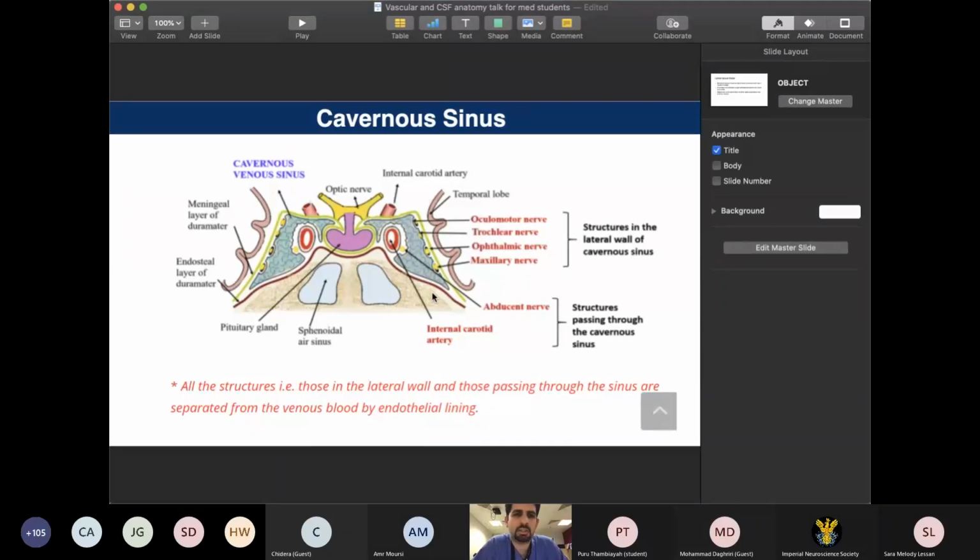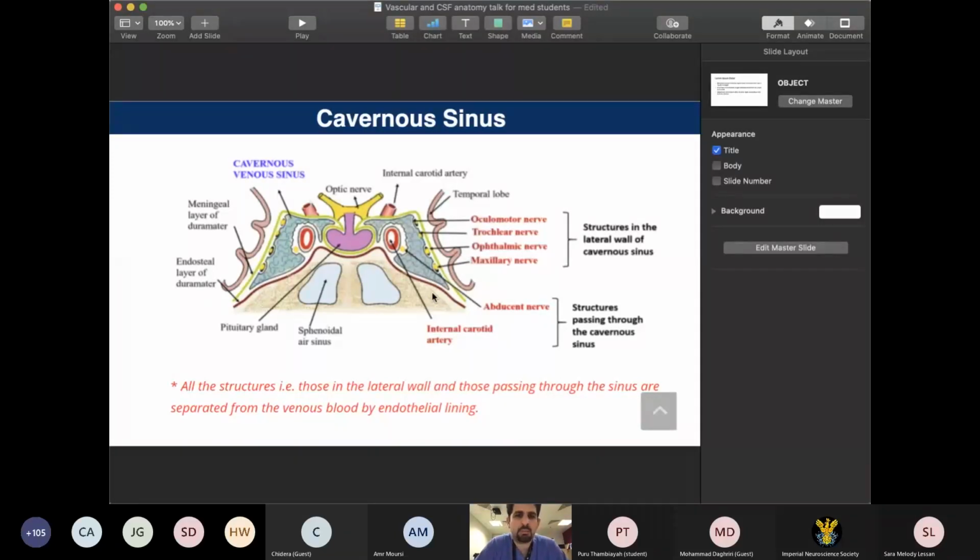you've got the internal carotids in the cavernous segment, which we covered earlier. You've also got the sixth cranial nerve, the abducens nerve, which is the only cranial nerve traveling within the actual cavernous sinus itself. The rest are plastered to the lateral wall of the cavernous sinus, and they include the third, the fourth, and the first two branches of the fifth, the ophthalmic and maxillary.